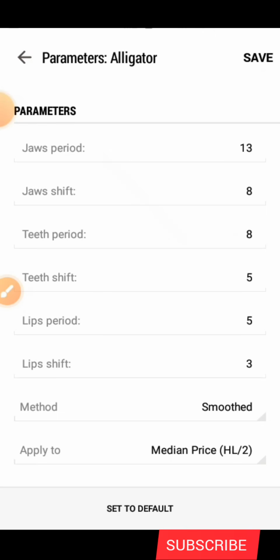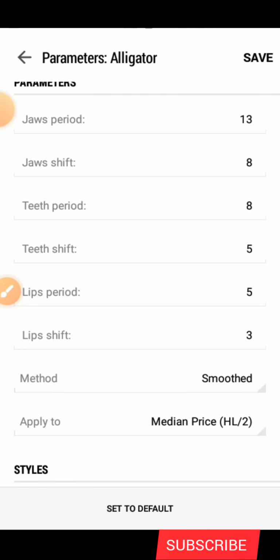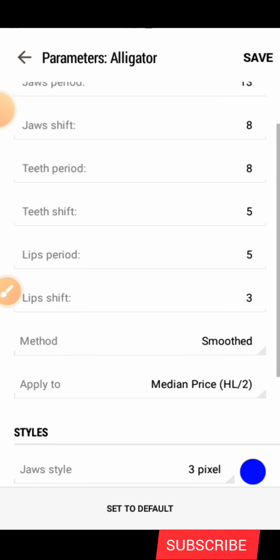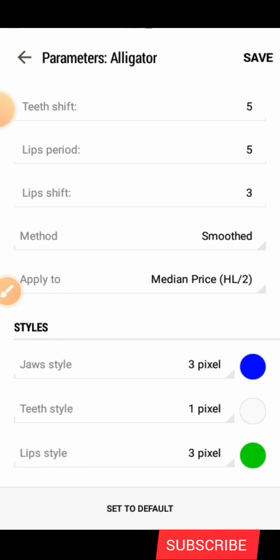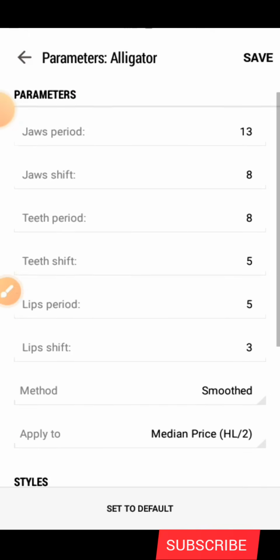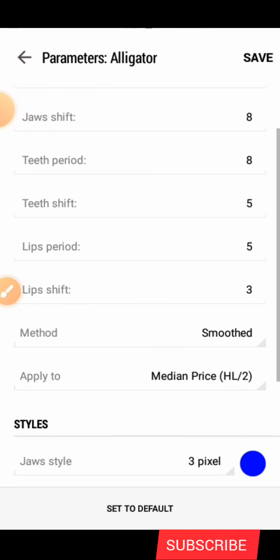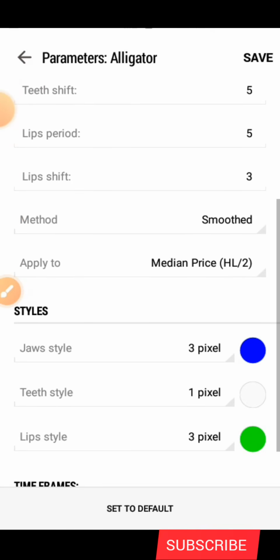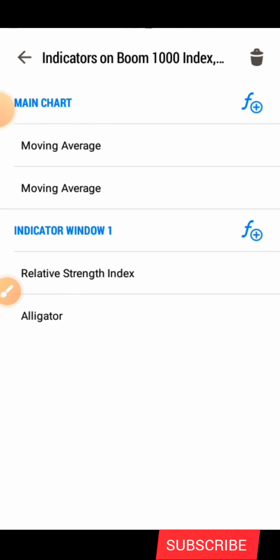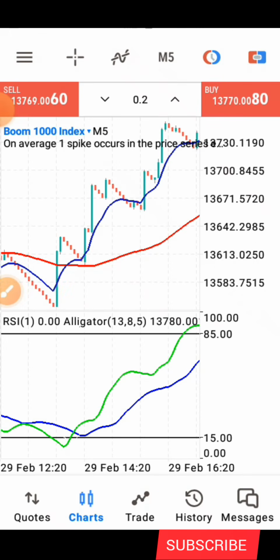Make sure you copy everything you see on your screen, or screenshot it. These are the settings. After doing everything you click on save, then you go back and you will have a screen like this one.